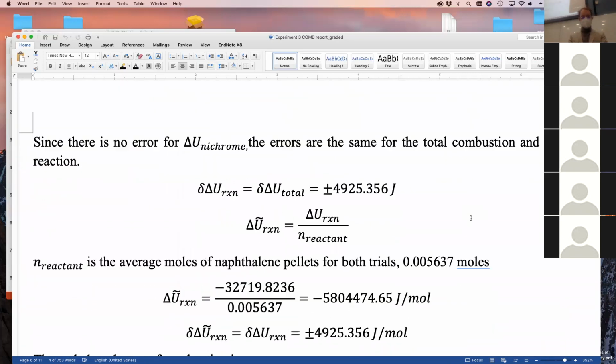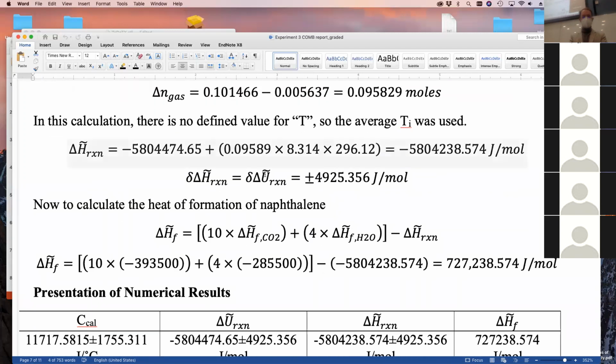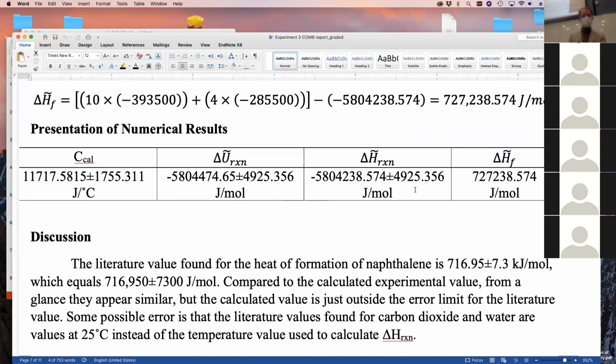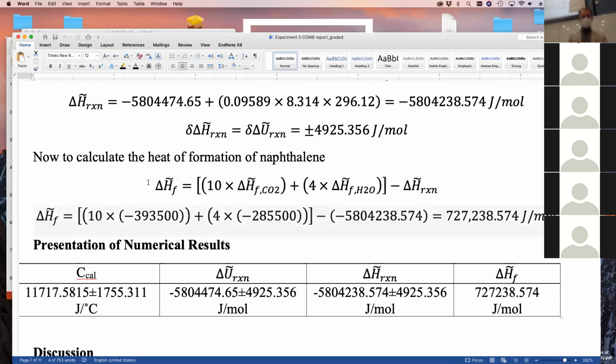And then the enthalpy of reaction, enthalpy of combustion, is calculated according to this formula here. So they show the calculation, and then they show how they get the uncertainty, which is calculated explicitly. Okay, and so that's basically the end result. And then the heat of reaction is used to obtain a heat of formation of naphthalene.